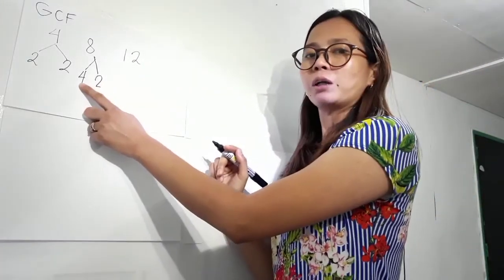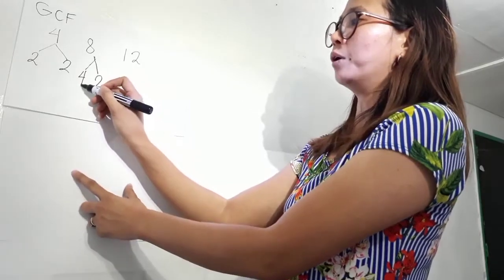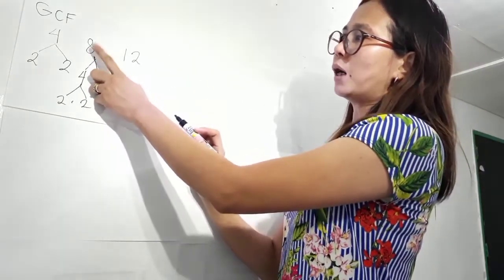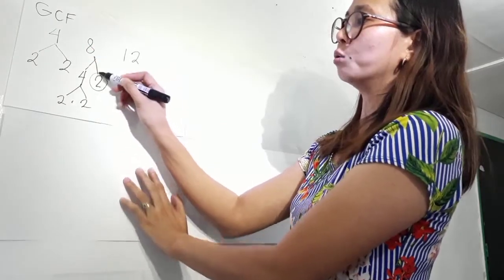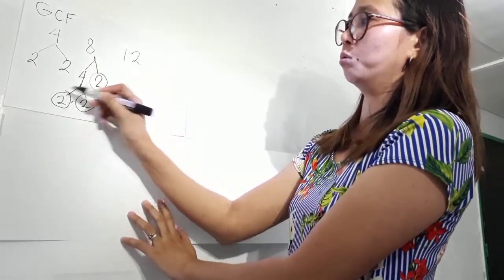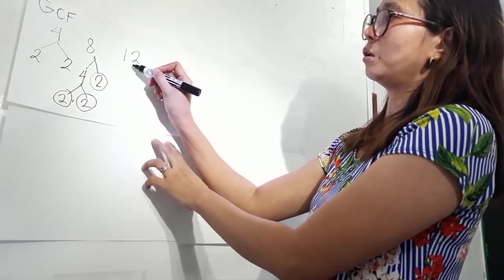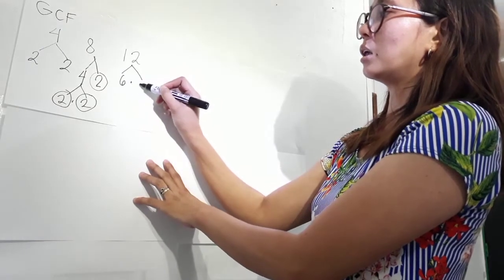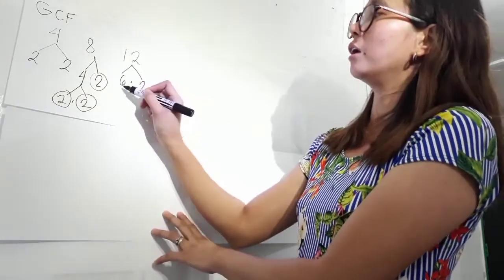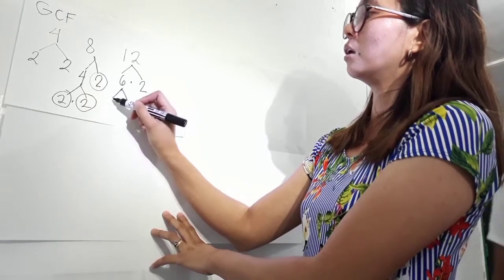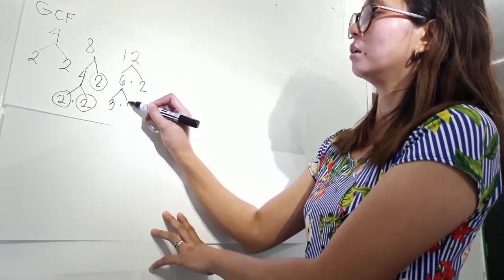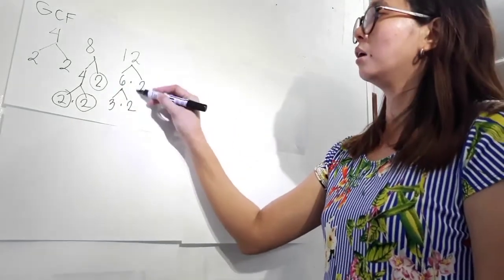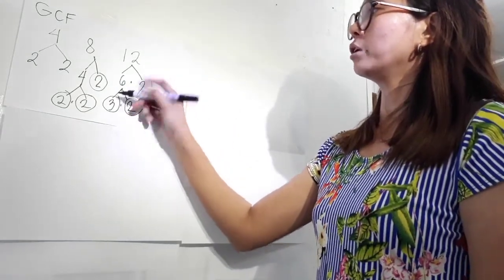Since 4 is factorable, we can factor 4 as 2 times 2. So the factors of 8 are 2, 2, and 2. How about 12? The factors of 12 can be 6 and 2. Then 6 is 3 times 2. There is no other factor, so those are the factors of 12.